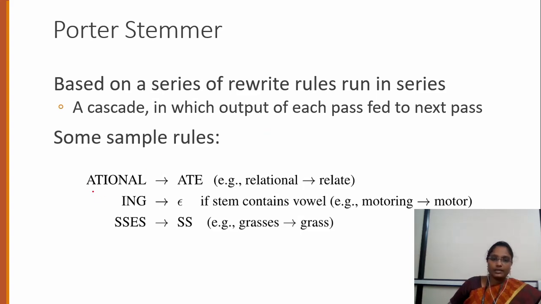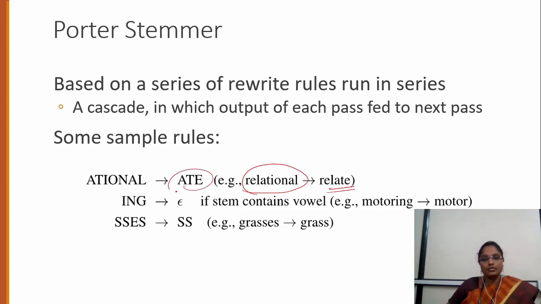Here we can see that if anything comes as, for example, ATIONAL, as in relational, automatically it is changed to ATE. If it is ING, it is completely chopped off and nothing is replaced, if the stem contains a vowel. And for SSES, the ES is completely chopped off, and only SS remains.